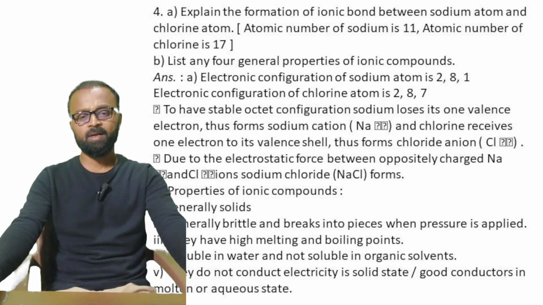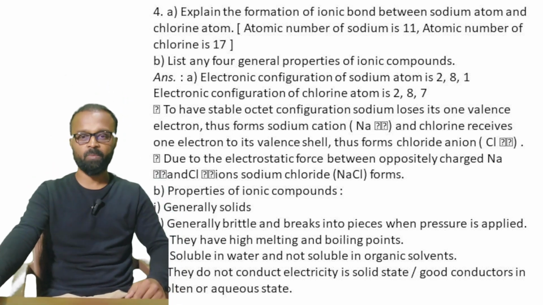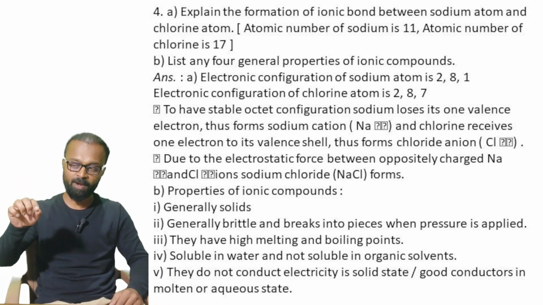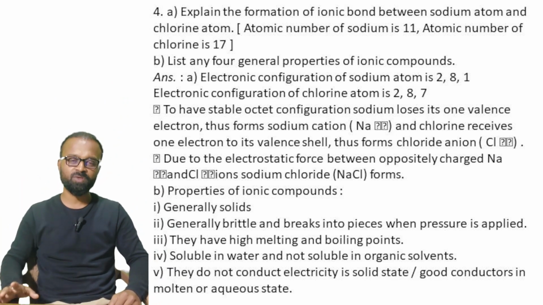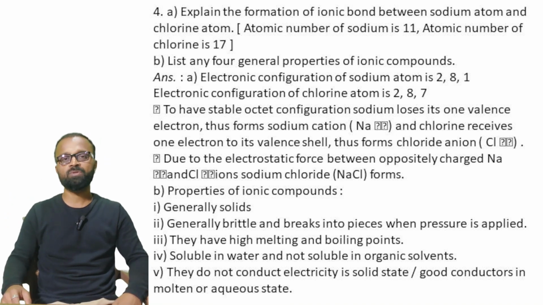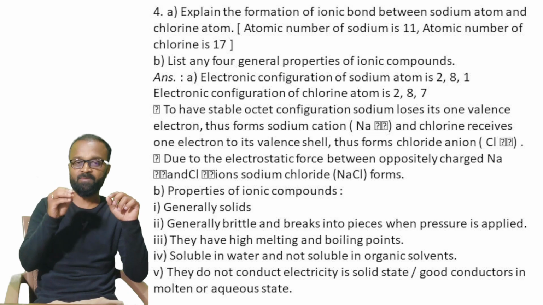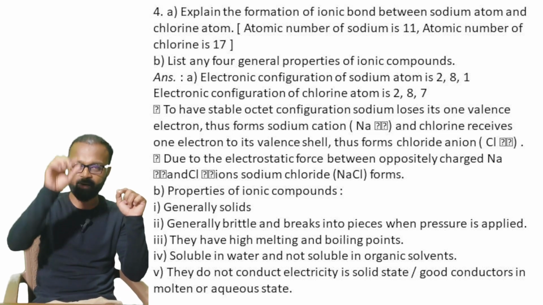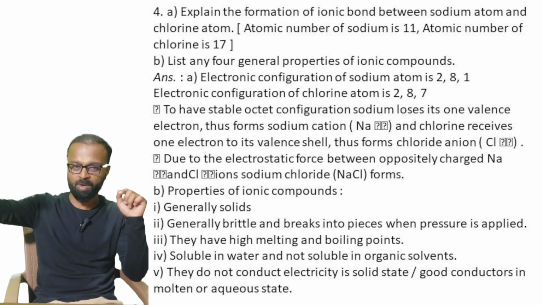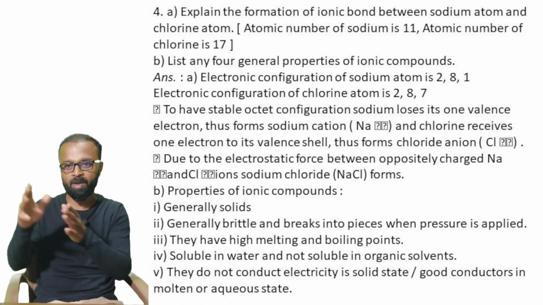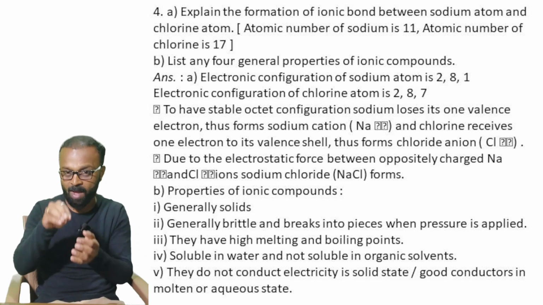First we should write, same concept applies when they ask for the dot structure of sodium chloride or magnesium chloride. Most students, when it is asked for 2 or 3 marks, just write the dot structure itself. Do not make that mistake. If they ask about sodium chloride, first write sodium, Na, atomic number, then the electronic configuration 2, 8, 1, then its valency.